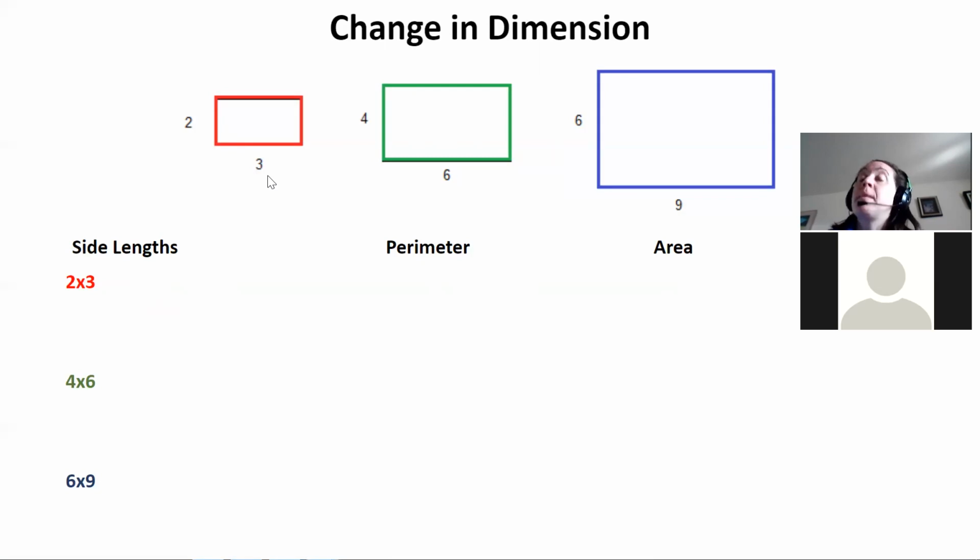So basically, when you have different figures like we have up there, you're going to have different ratios for their sides. For example, our 2 by 3 figure compares to the 4 by 6 figure.